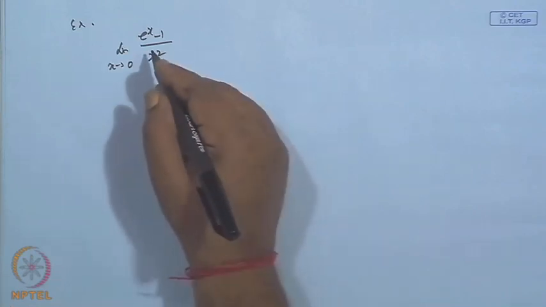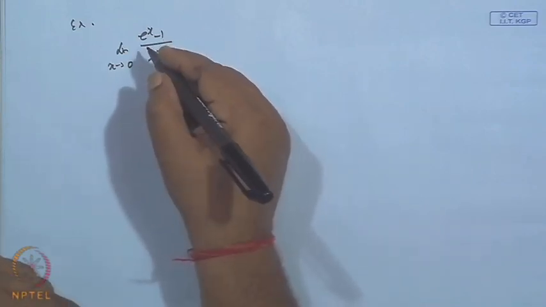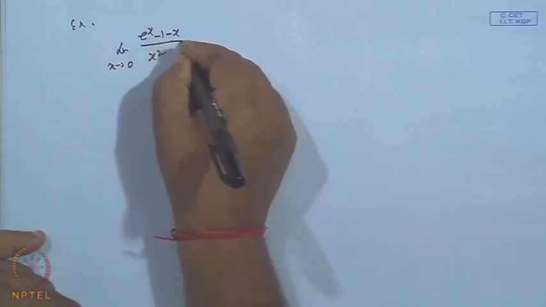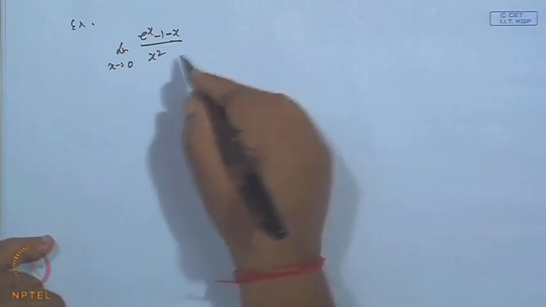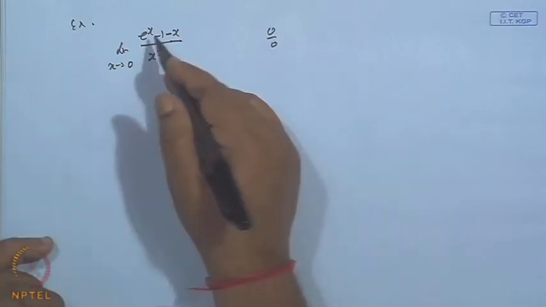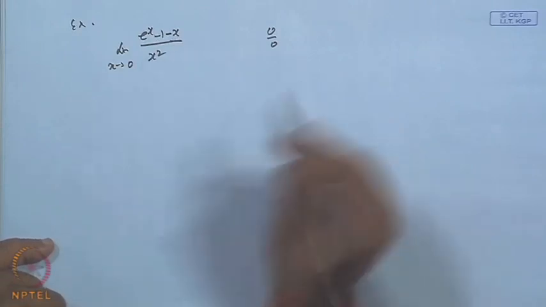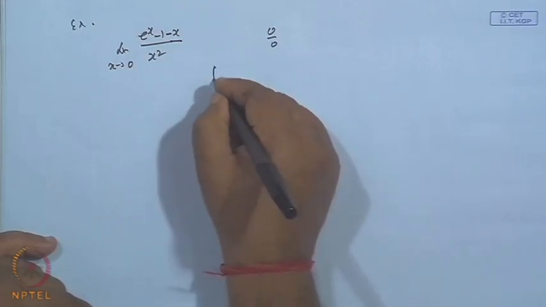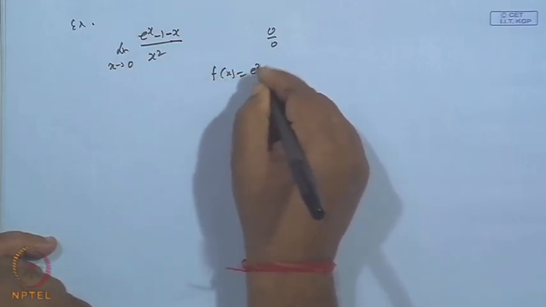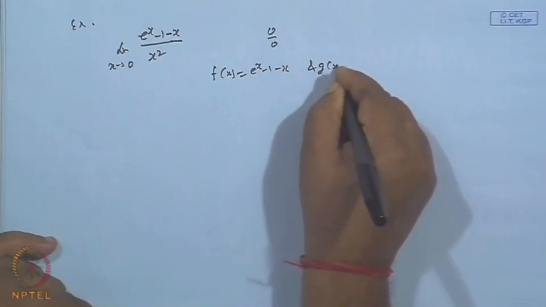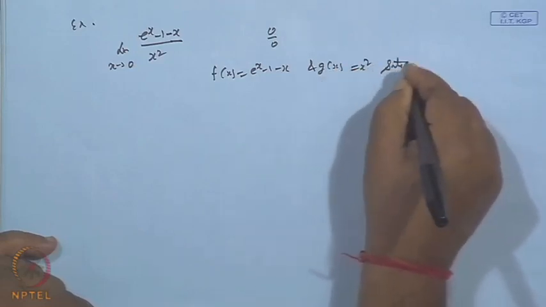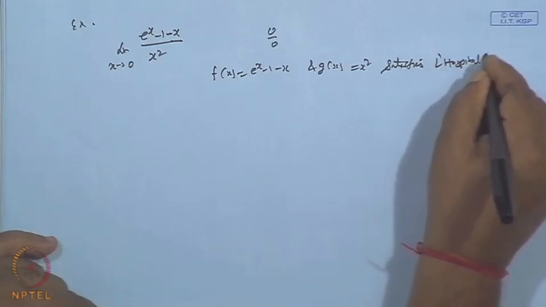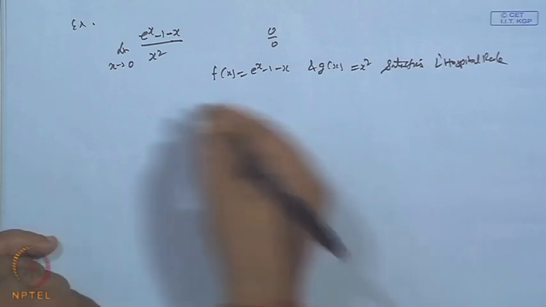What happens when x tends to 0? It is 0 over 0 form, because e to the power 0 is 1 and this is 0. So, it is indeterminate. Both the functions f and g satisfy L'Hospital's rule. Okay. So, apply it.